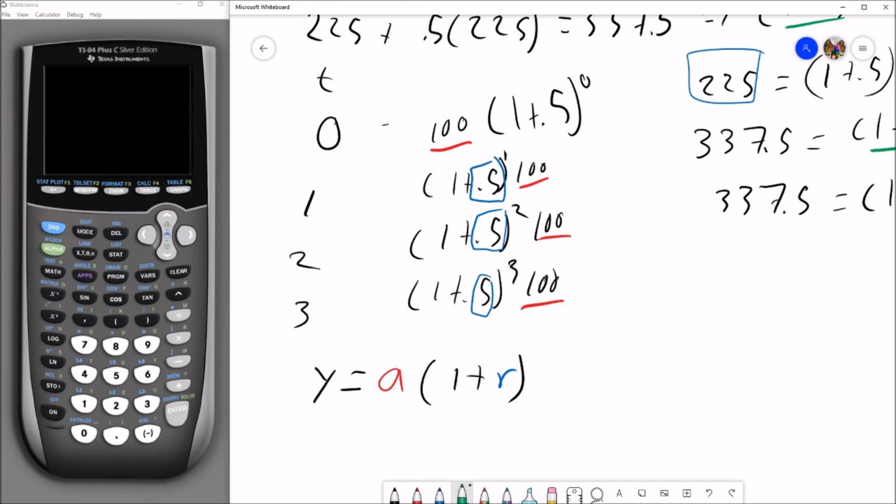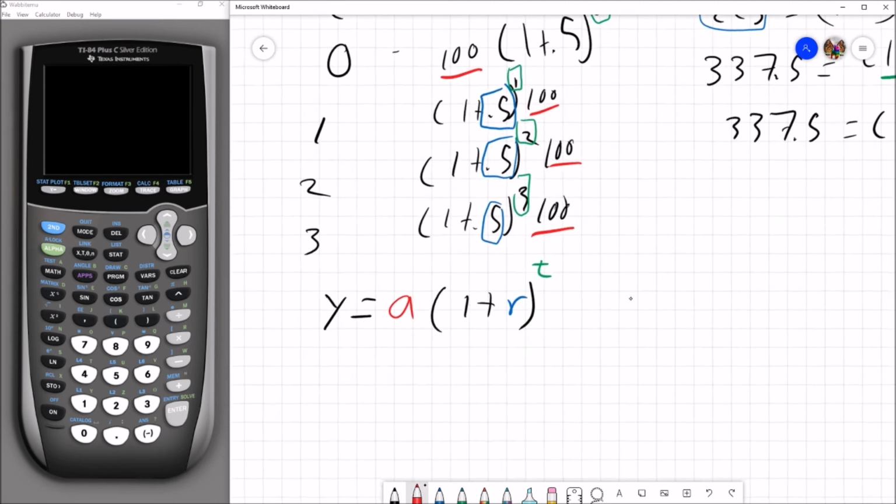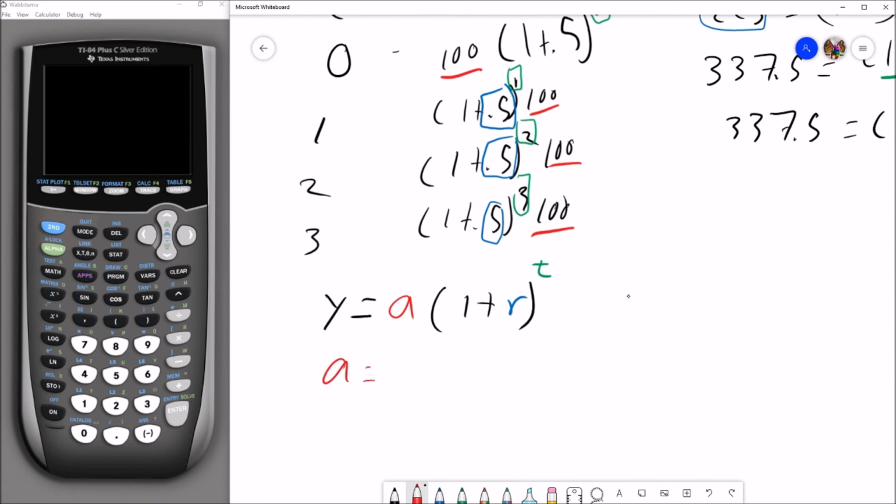And now we have our third pattern more visibly, namely right here. So when t is 0, we have a 0 exponent. When t is 1, we have a 1. So right here is our exponent t. This gives us our first taste of what an exponential function looks like. So A would be, we could think, the starting population, the initial amount of stuff.